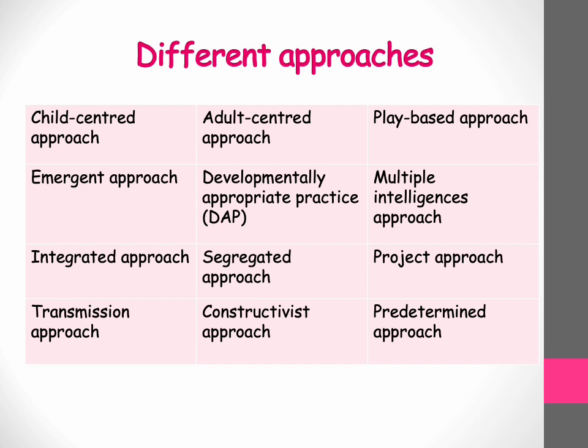So a child-centred approach takes into account each child's strengths, interests and experiences as well as their need. The children initiate and direct experiences and the educator provides resources and support. The children are in control of their learning. In contrast, an adult-centred approach is one where educators decide what and how children will learn.